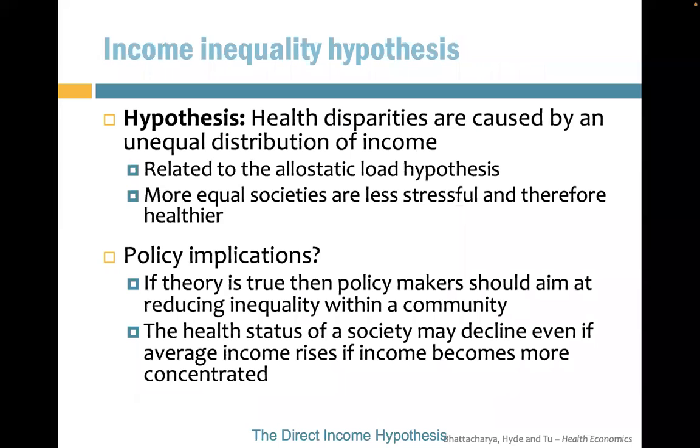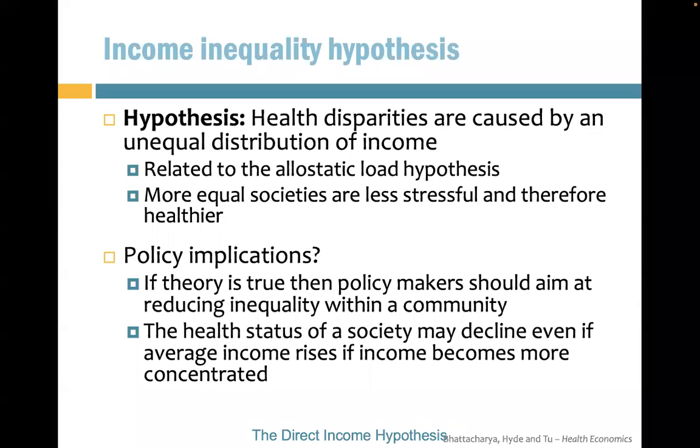All right, so the next hypothesis is income inequality hypothesis. So income inequality hypothesis believes that health disparities are caused by an unequal distribution of income in a society that is very unequal, or in a society that is very segregated and extreme.